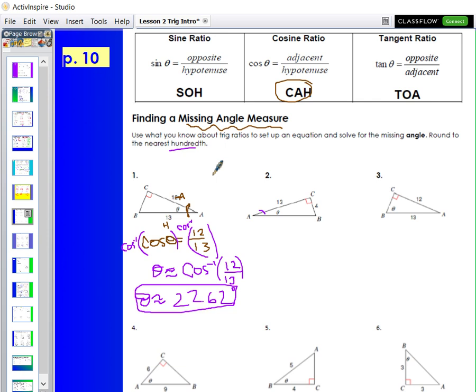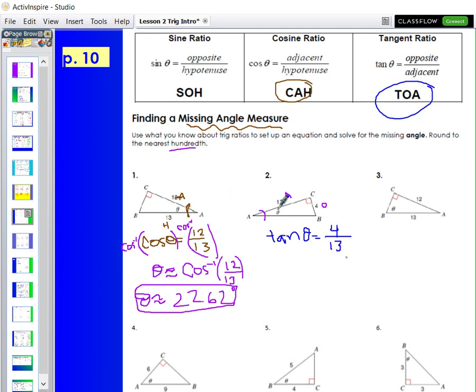Okay. So here, we're looking from this angle, theta. We've got opposite, and we've got adjacent. So it looks like I'm going to use tangent. So opposite and adjacent, so tangent of theta equals opposite over adjacent, 4/13.